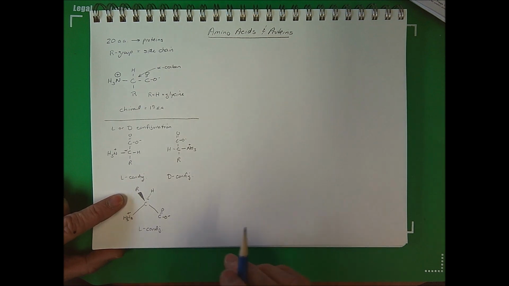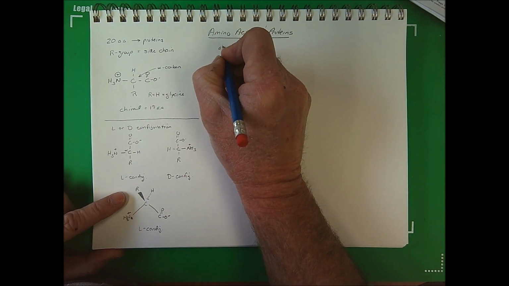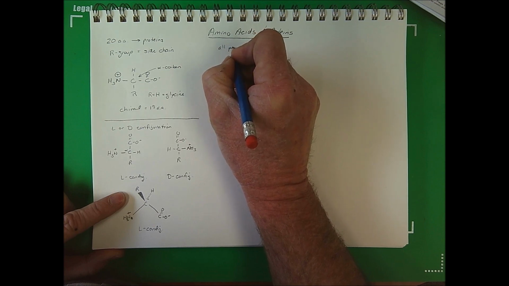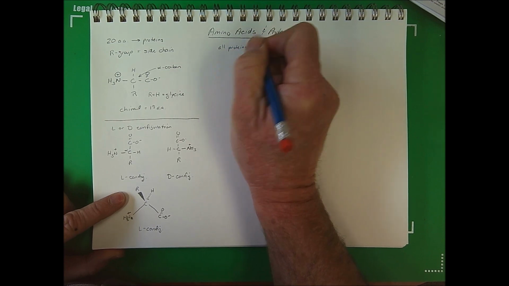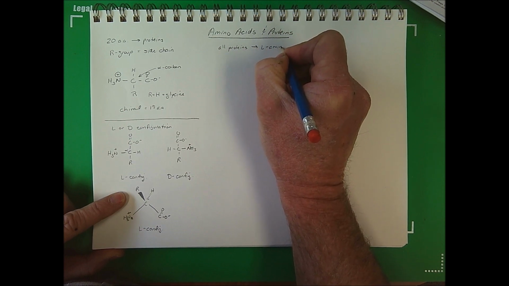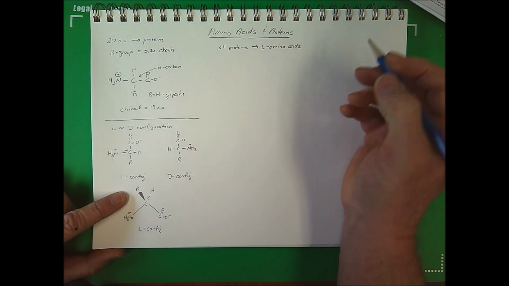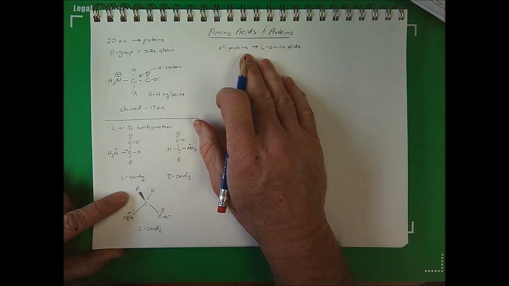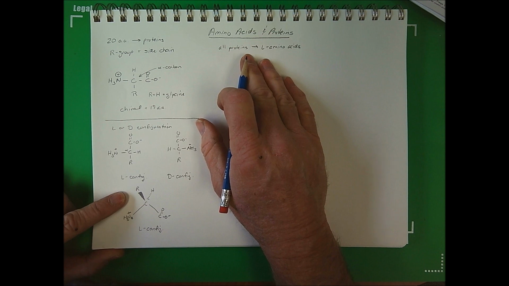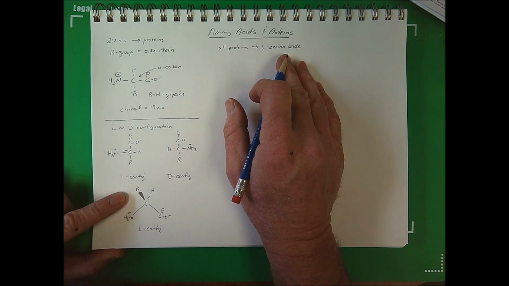Now, why is this important to understand? And that's because all of our proteins are constructed of L amino acids. This is an important point when we consider protein structure, when the protein begins to fold after the amino acids are linked to form the final protein.